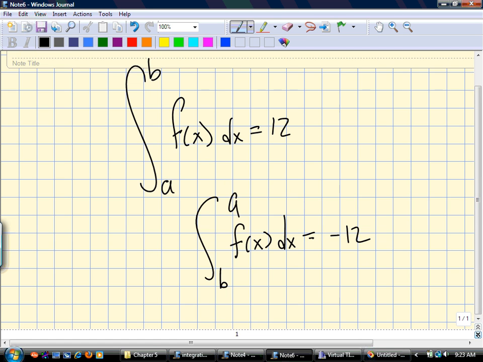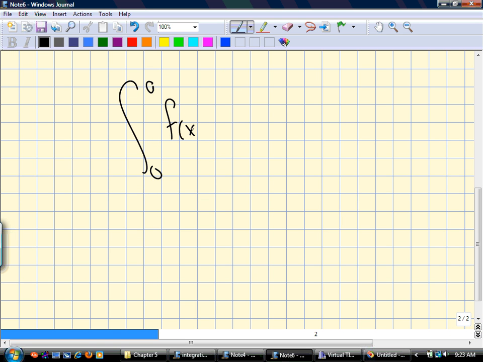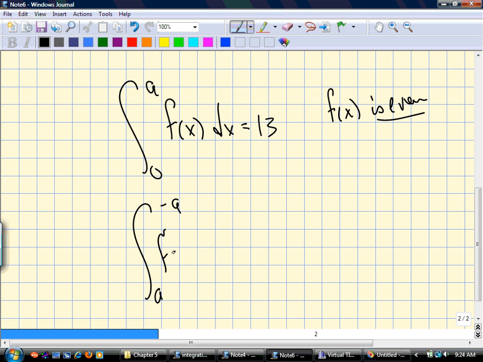Oh yeah? How about this one? Because I'm doing it out of order, I would do the area between a and negative a, and the answer is 26.